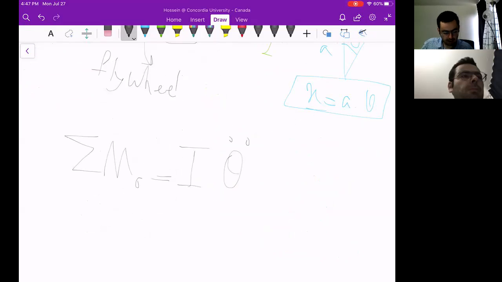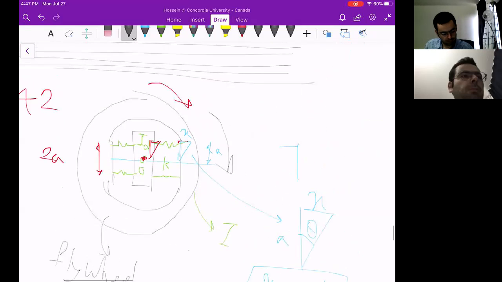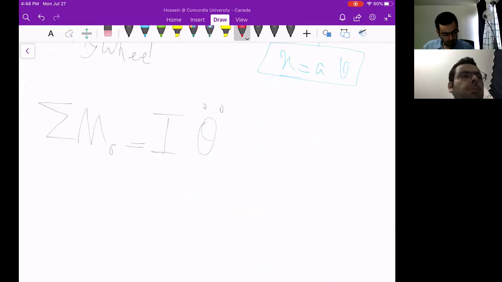There are 4 springs, and each spring, if you take a look here, is connected between 2 points, mass 1 and mass 2, this point. So we have to calculate the relative displacement, and therefore we have 4 springs.